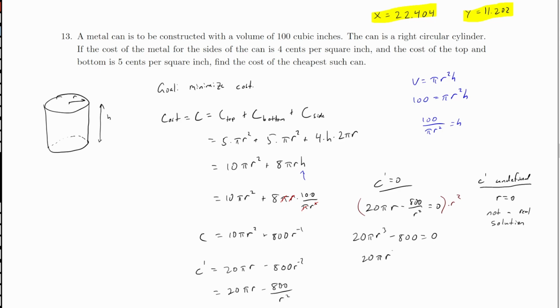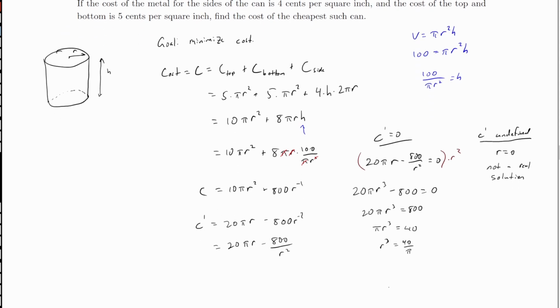So 20 pi r cubed equals 800. Divide both sides by 20. So on the left we get pi r cubed. 800 divided by 20 is going to be 40. So r cubed is 40 over pi. So r equals the cube root of 40 divided by pi.